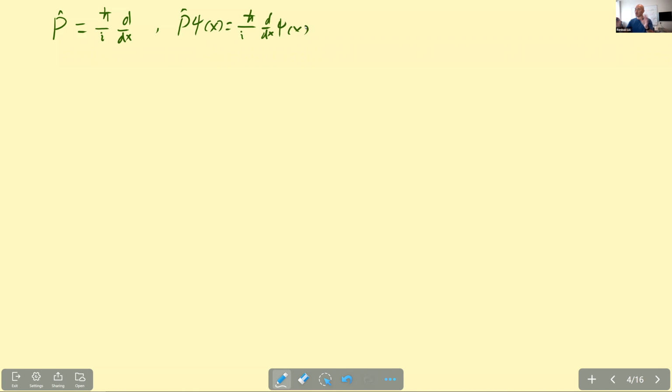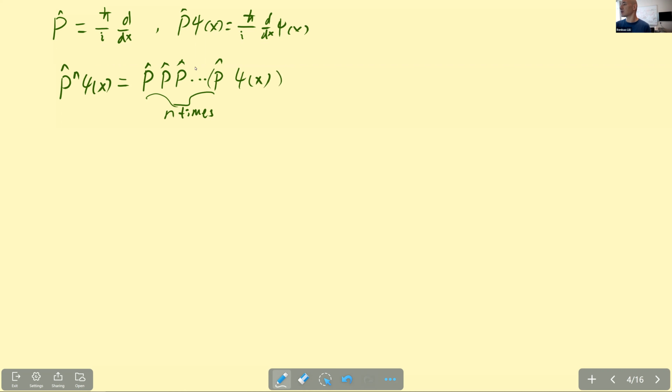And let's try to form a kind of function of this one. Let's say, for example, you can have the nth power of this one first. What would this be? By definition, you do this one n times on this wave function. You do this one first, and then you do this, and then this, and so on.